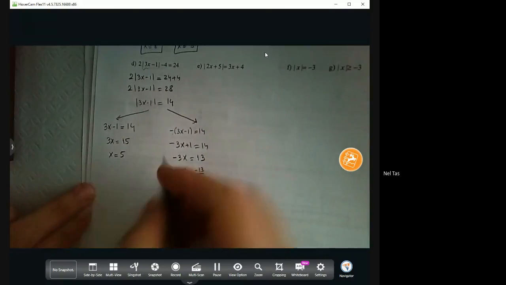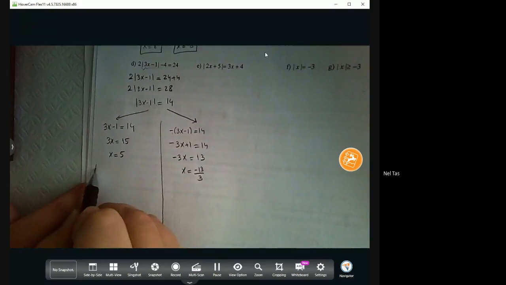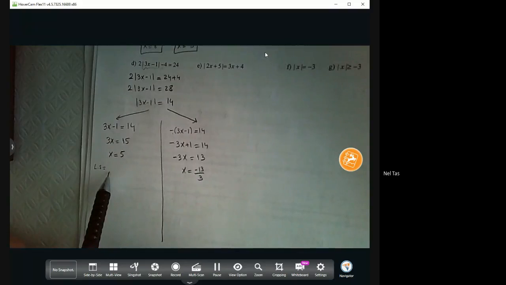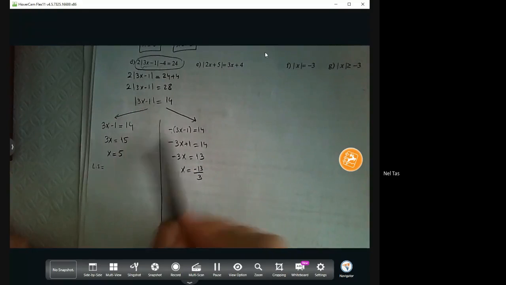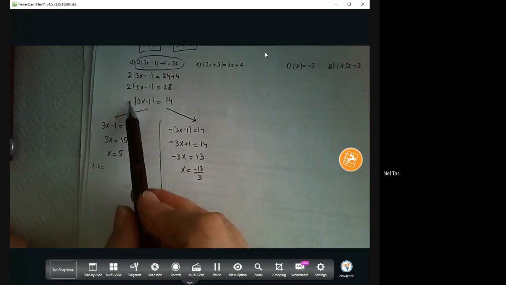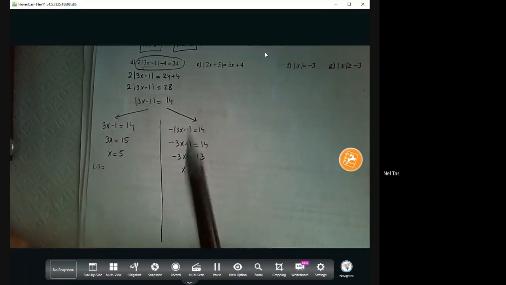So for x equals 5. When you are doing the check, you always have to use the original equation. That is important because some students use, let's say, this equation or these ones here, and it doesn't work.